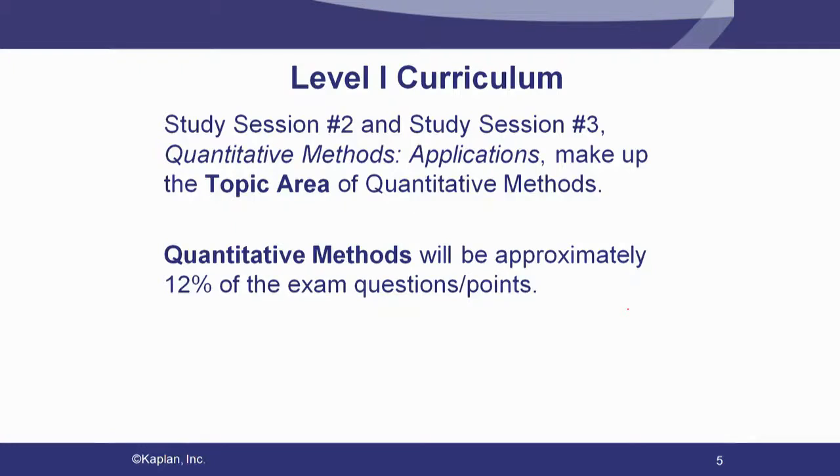Together with study session 3, quantitative methods applications, these make up the topic area of quantitative methods. So there are 2 study sessions in quantitative methods, and its exam weight is 12%.